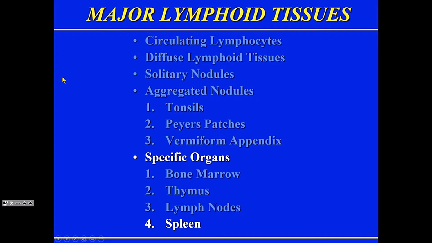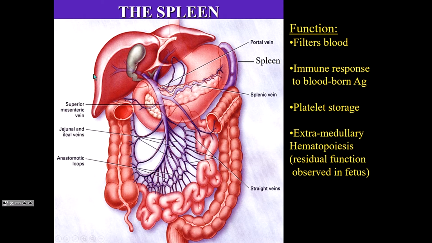Okay, and then the last organ that is encapsulated is the spleen. Here is the spleen over here. So the lymph node that we just looked at is the filter of the lymphatic fluid coming from the lymph vessels. The spleen is the filter of the blood, okay?